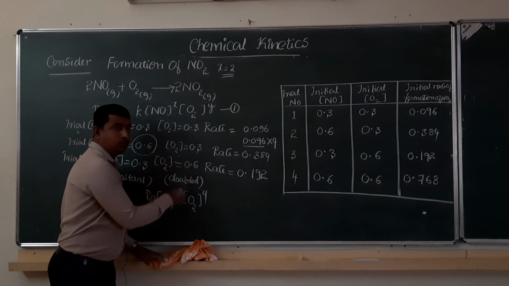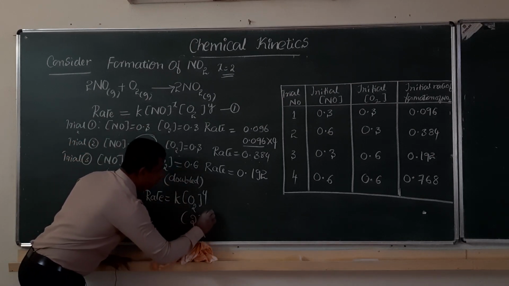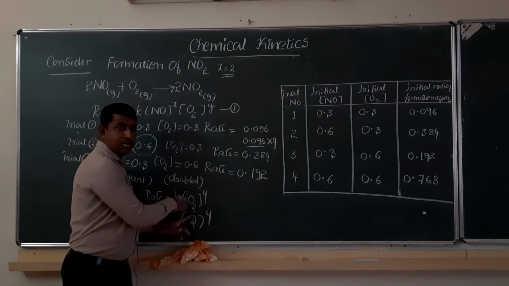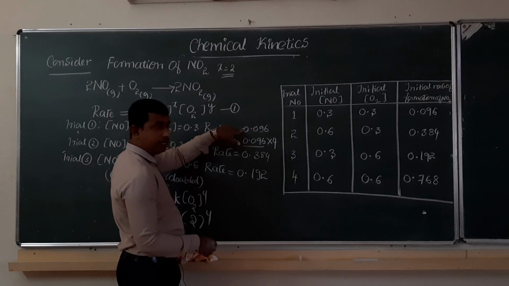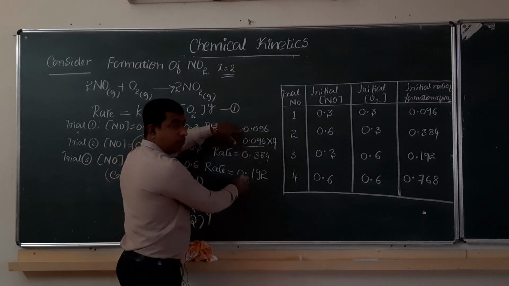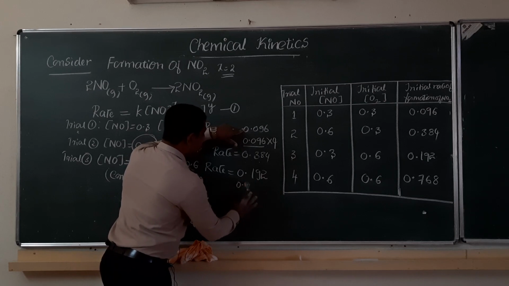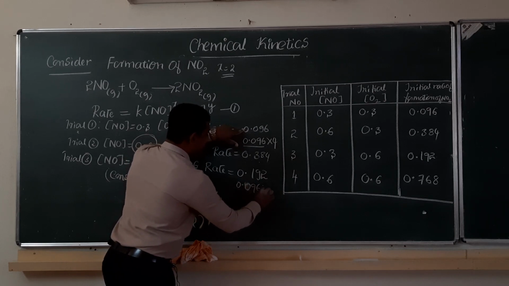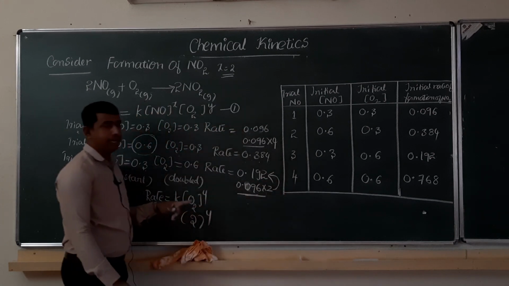So the concentration of O2 has been doubled. I can write 2 here. What about rate? When the concentration of O2 is doubled, initially it was 0.096, now it is 0.192, that is 0.096 multiplied by 2 is equal to 0.192, correct?